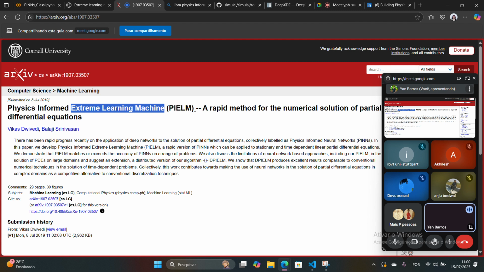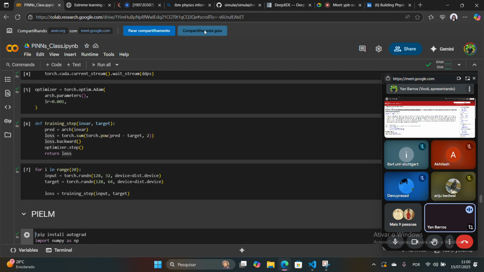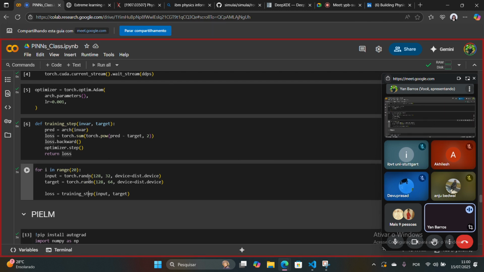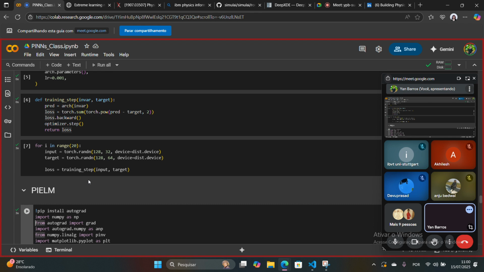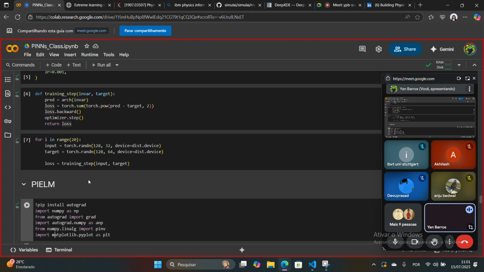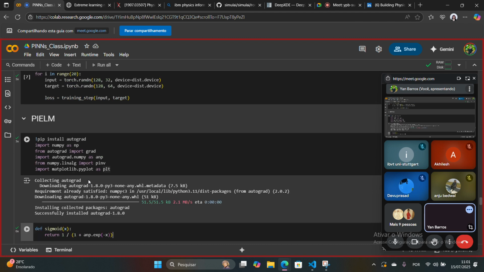In this paper, Vikas Dwivedi used the extreme learning machine theory inside of physics informed neural networks. So here I had a silly example about how we can use this.